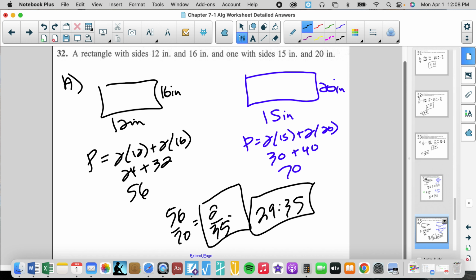We're making mistakes again. 30 plus 40 makes 70. So 56 over 70, 28 and 35, 7 goes into that, right? 4 to 5. 4 to 5 for A.